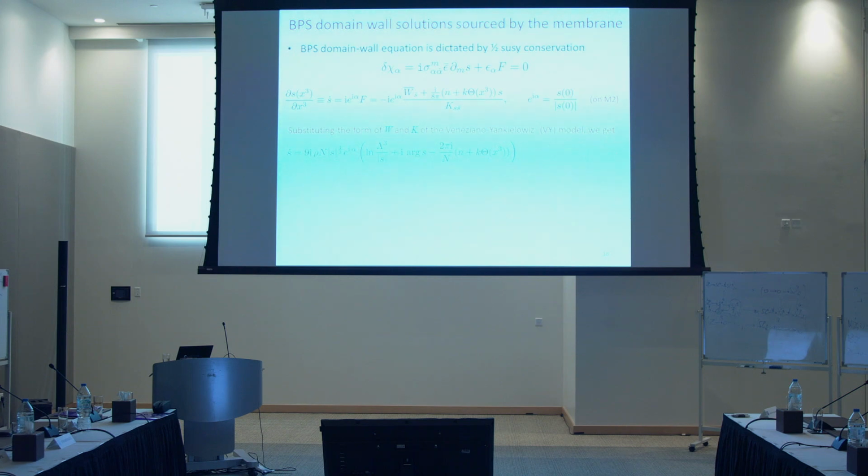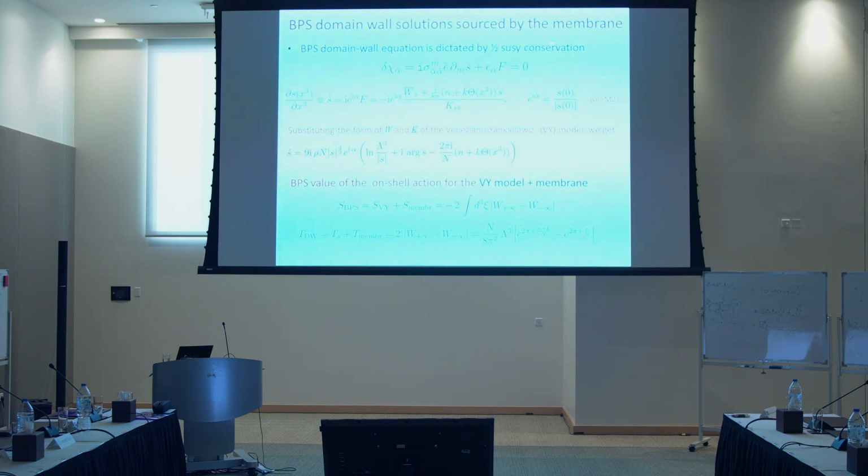So more explicitly, if we substitute the values of the superpotential and Kähler potential into this equation, then the equation takes this form. And then we can study first, for example, what is the tension or energy per unit volume of this system using the standard BPS or Bogomolny calculations of the action for the BPS equations.